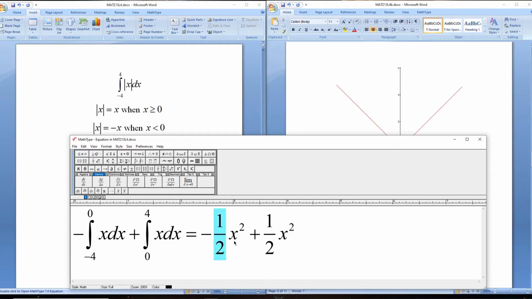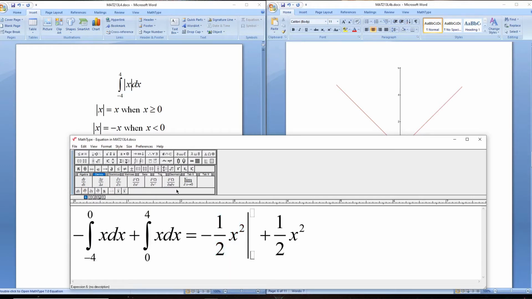So these are the antiderivatives for the individual integrals. But notice this time that the integration limits are different. And so we can't combine these into one integration bar. We're going to have to use two. So this first antiderivative is going from -4 to 0. And the second antiderivative is going from 0 to 4.